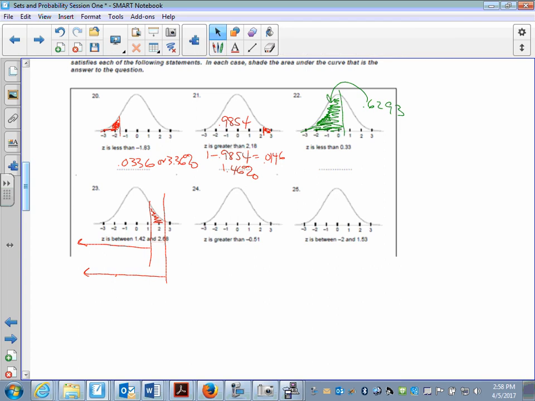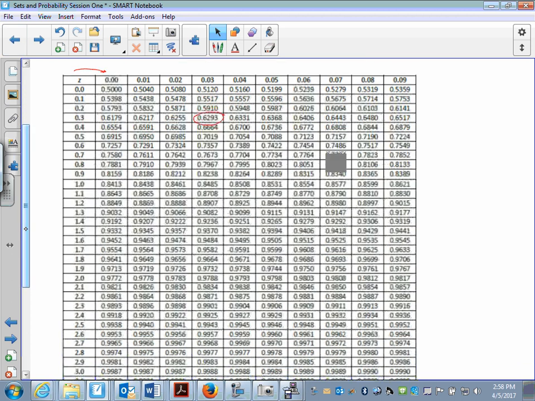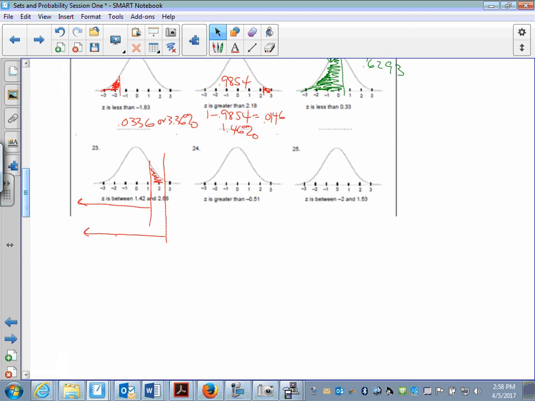So let's find 1.42, 1.40, 1.41, 1.42 is 0.9222.